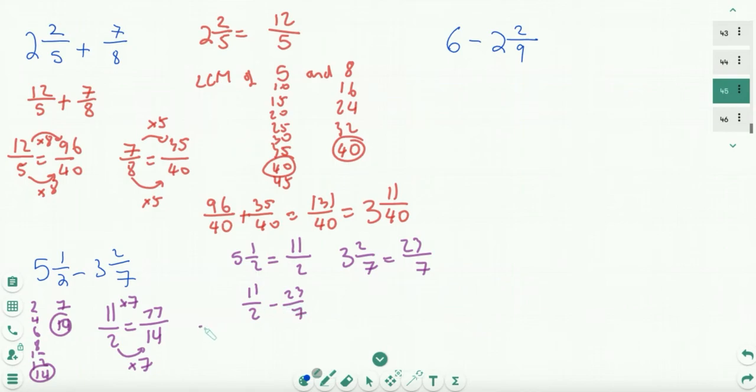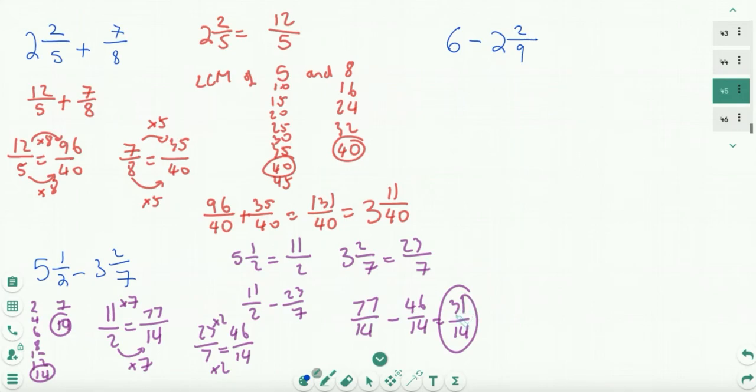Get the other fraction, 23 over 7. Denominator is 14, 2 times 2, 46. So we get 77 over 14 minus 46 over 14. 77 minus 46 is 31 over 14.